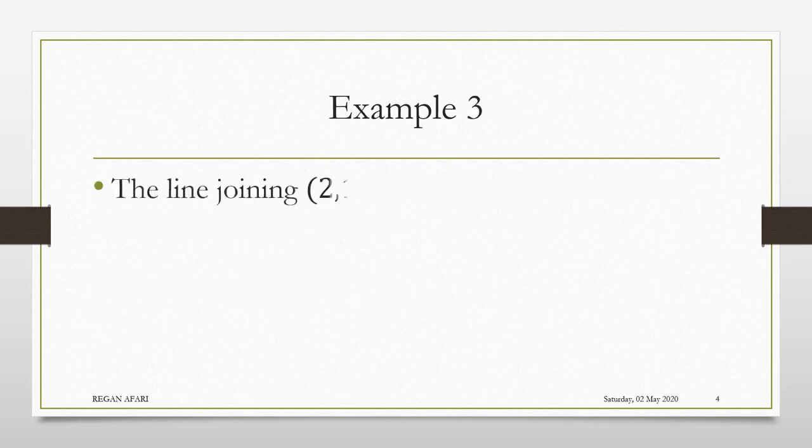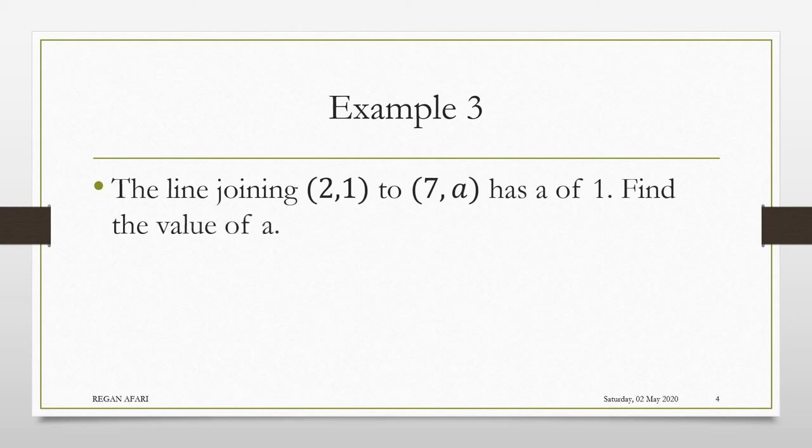Let's consider example 3. This is a bit different. The line joining (2,1) to (7,a) has a gradient of 1. Find the value of a.